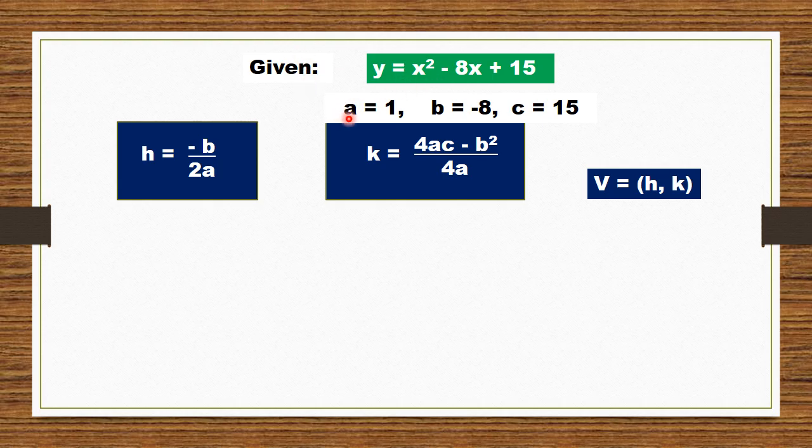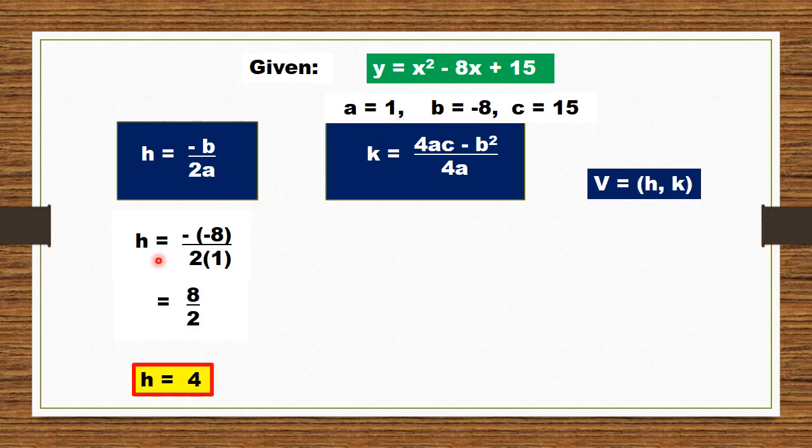The value of a here is 1. Value of b is negative 8. Value of c is positive 15. So these are the formulas. Let's plug in the values. What is b? Negative 8. What is a? Positive 1.